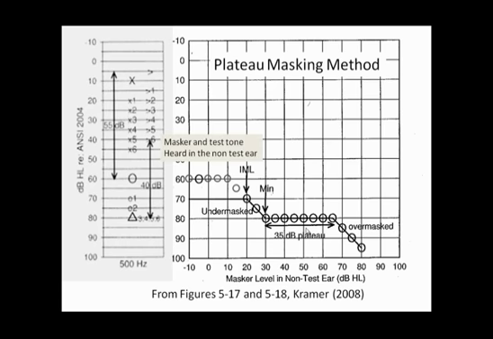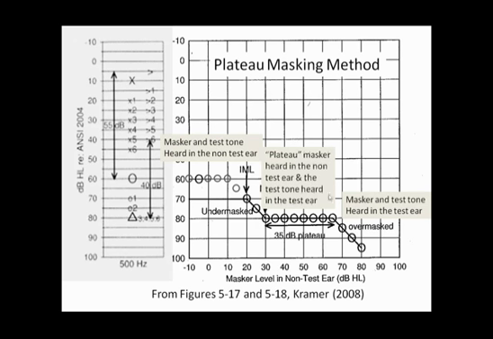All right? So, again, the masker and the test tone are heard in the non-test ear. The masker and the tone are heard in the test ear. And the plateau means that the masker is heard in the non-test ear, and the test tone is actually heard in the test ear. That's great. And the other thing to be aware of is that the test tone is always delivered to the right ear, though it may be detected in the left ear, depending on the hearing configuration and the masking that's used.